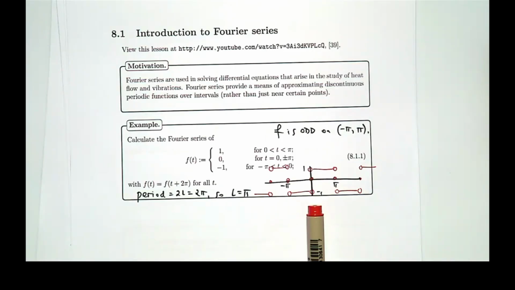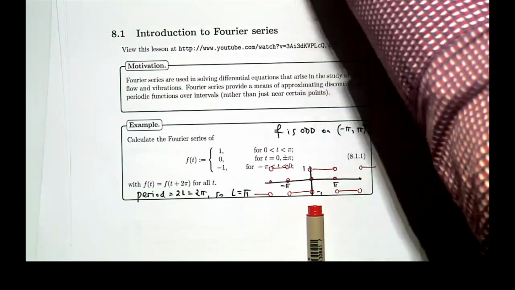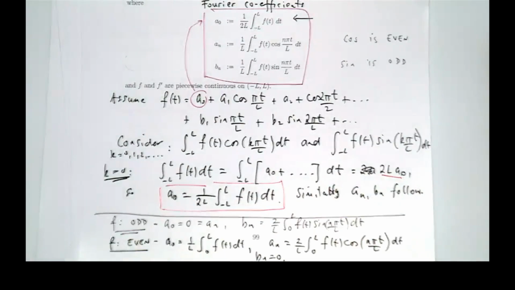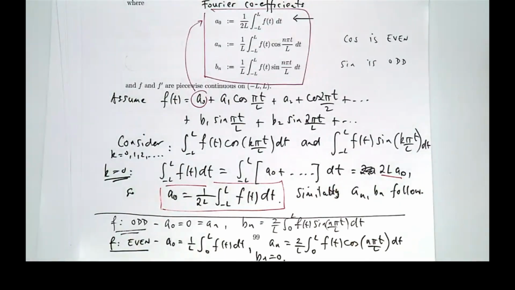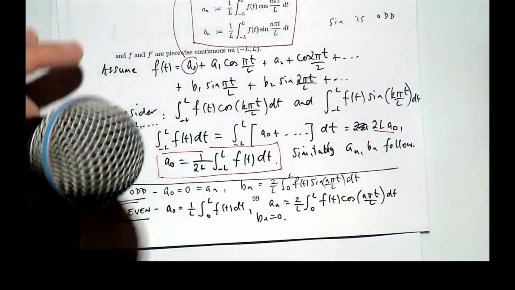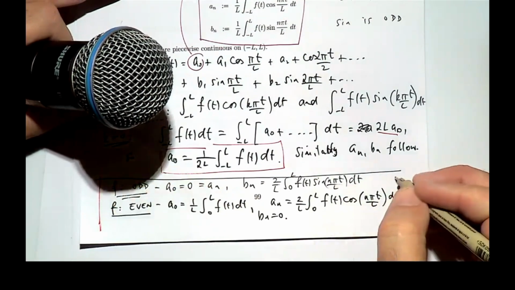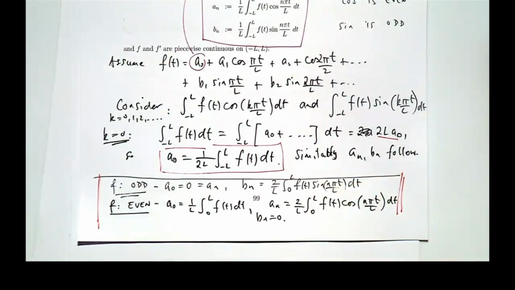So let's go back and have a look at the case down here where I have an odd function. Okay, 2 of the coefficients are 0. That's nice. And 1 of the coefficients is just given by this integral. Okay, so let's try it.